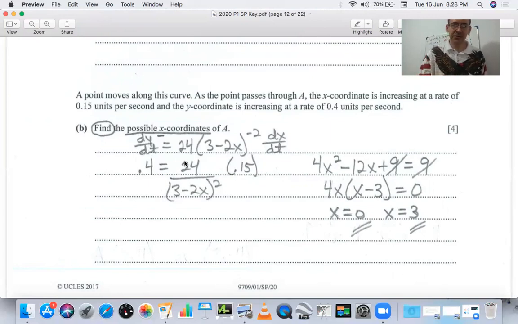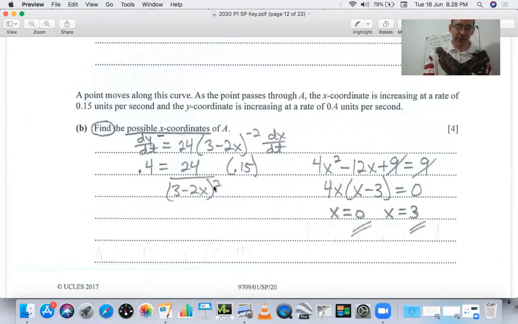So this is increasing, both of them are increasing. So this one becomes 0.4 and the dx dt becomes 0.15. And we are looking for the possible x coordinates, means we're solving for our x, which is the only variable left in our equation. So since this is a fraction, we're going to multiply it over here.